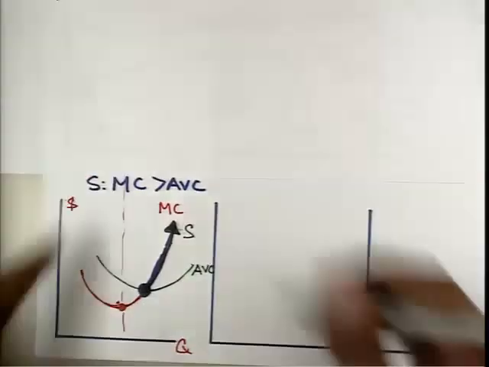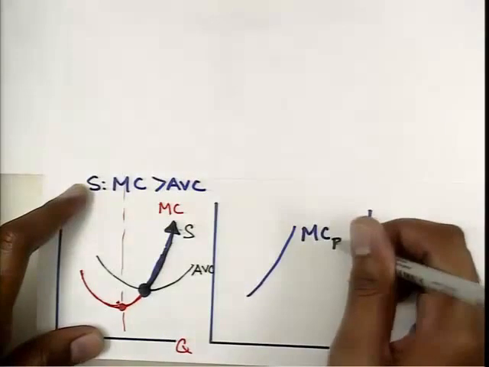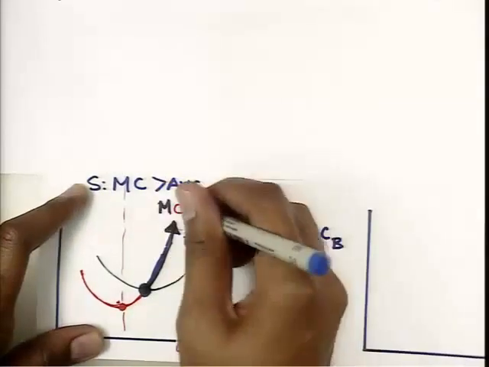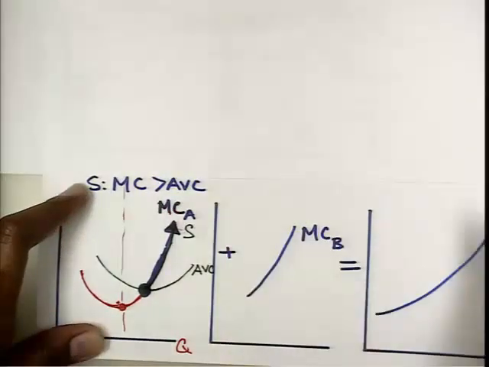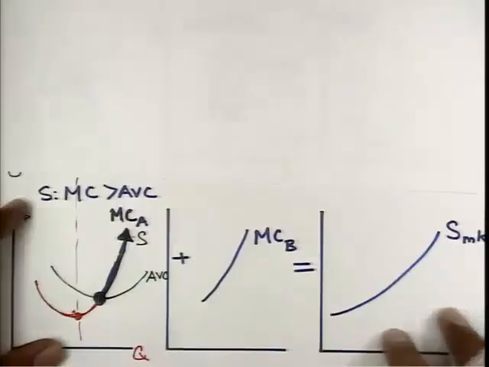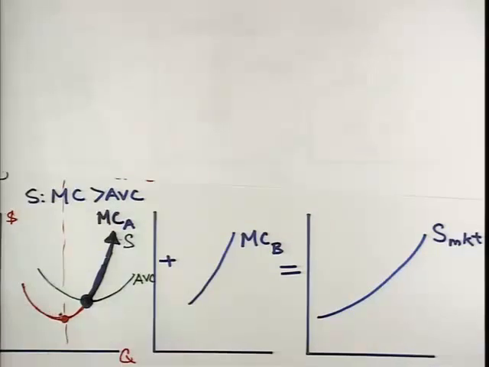If you have another firm, firm B, firm A, and you add the two together, you get the market supply curve. The horizontal sum of individual supply curves gives you the market supply curve.